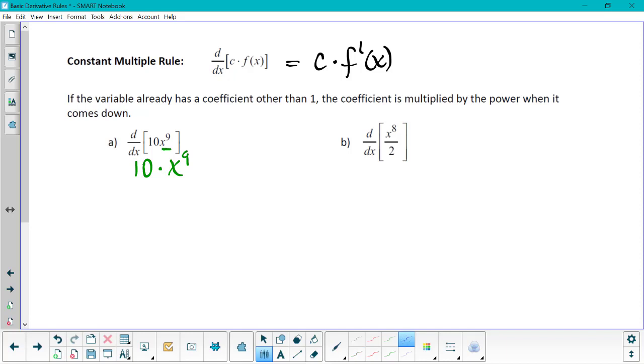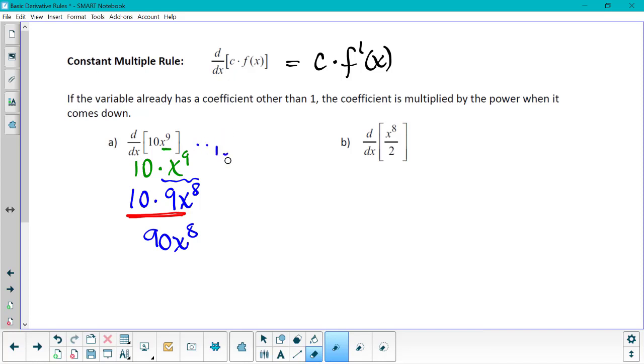So my derivative here would be, we've got the 10, then we're going to take the derivative of x to the ninth. Let me write it down here. The derivative of x to the ninth would be 9x to the 8th. Then we take that times 10. So I have 10 times 9, which is 90x to the 8th.